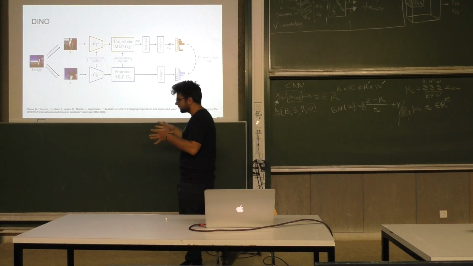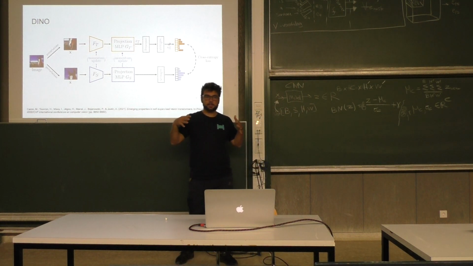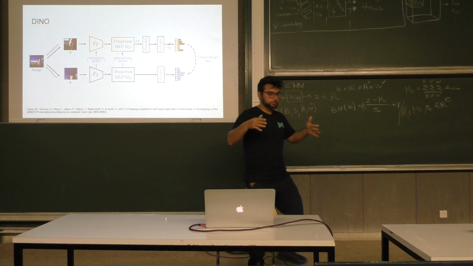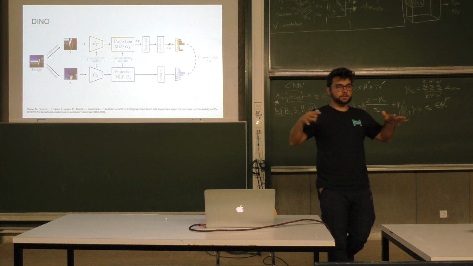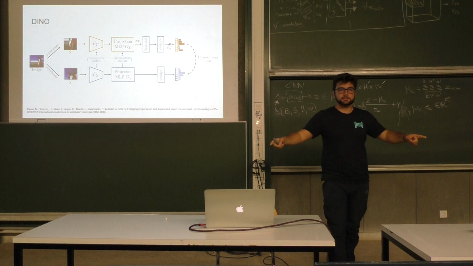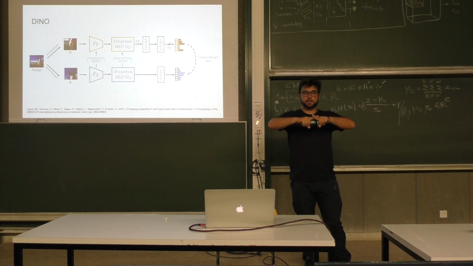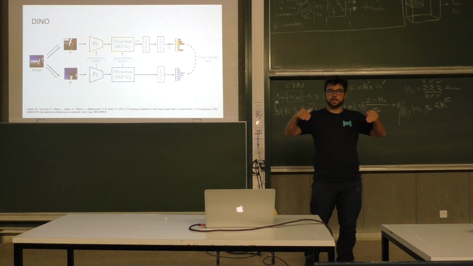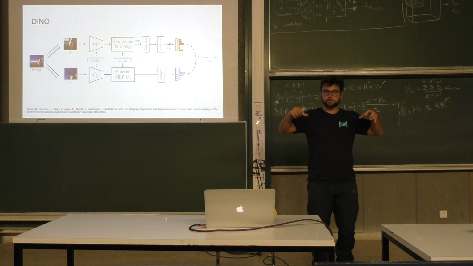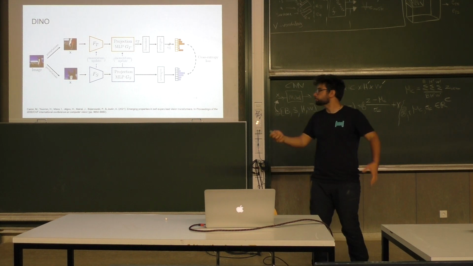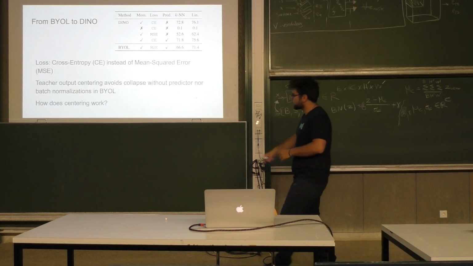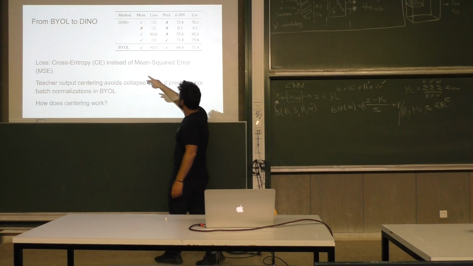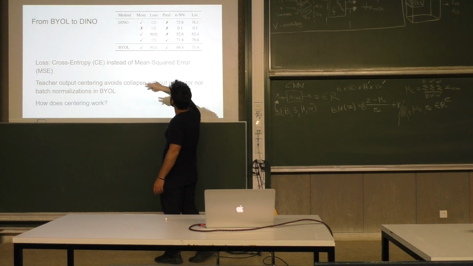So here, instead of having an MLP or whatever network and maximizing similarities in the feature space, we have a softmax, which means that we need to assign features to classes. So this is how you can go from BYOL, which is the previous method, to what is called DINO.